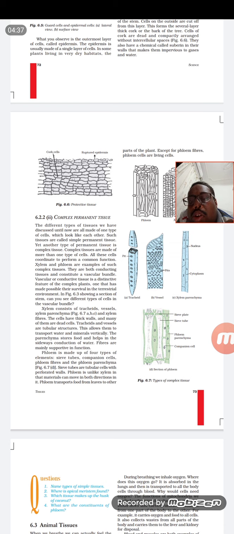But phloem is not like that. Phloem is bidirectional, that is, xylem is unidirectional and phloem is bidirectional. That means they can transport water and prepared food materials from the leaf to the other parts of the plant.